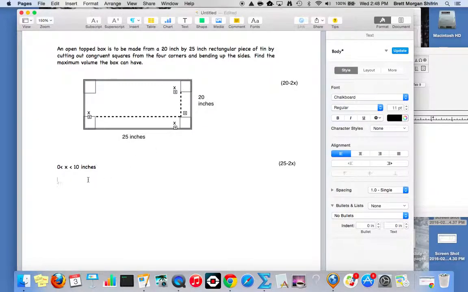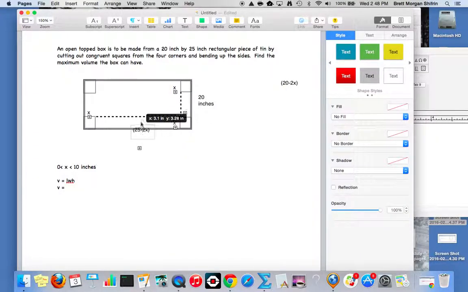So knowing that we want to maximize the volume, we know that volume equals length times width times height. So I want to represent my length, width, and height. In this case, my length was now this dotted line, which means it's 25 inches minus this length x and this length x.